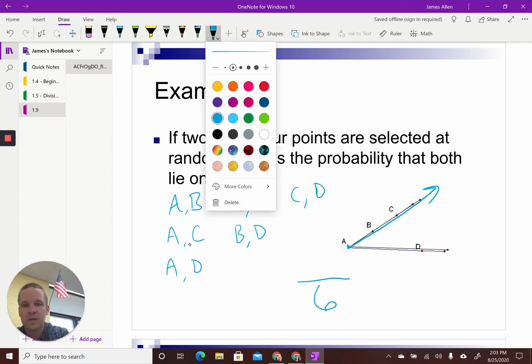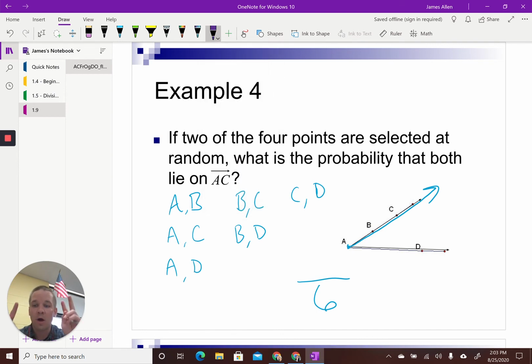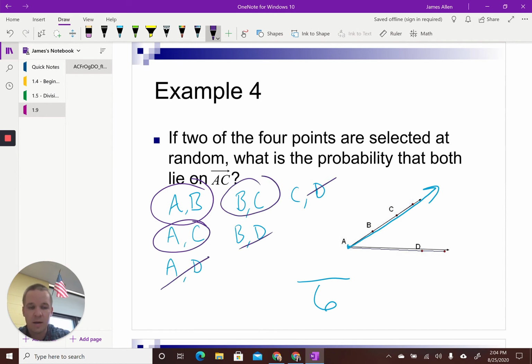Now, how many of these are the winners? They have to have A, B, or C, two of those. So this one's good, this one's good, nope, this one's good, and those are not.